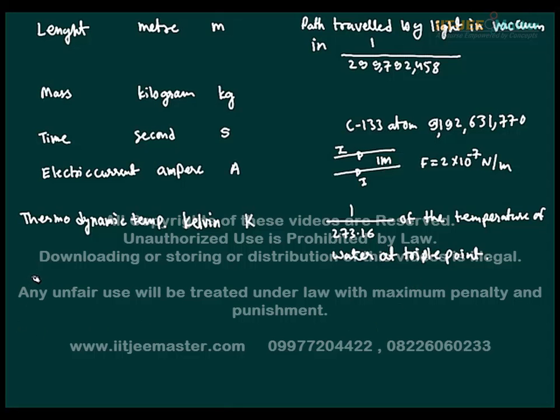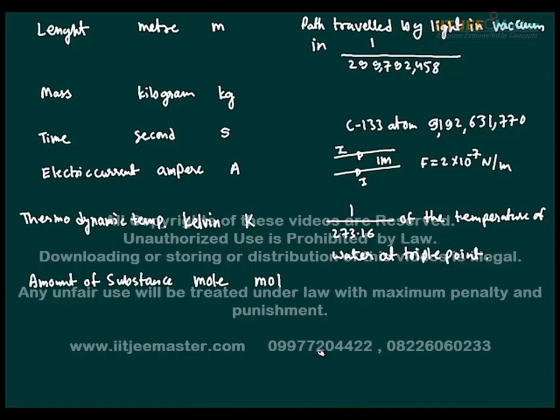Next is amount of substance. The SI unit is mole. The symbol is mol in small letters. Amount of substance is measured more in chemistry than in physics.